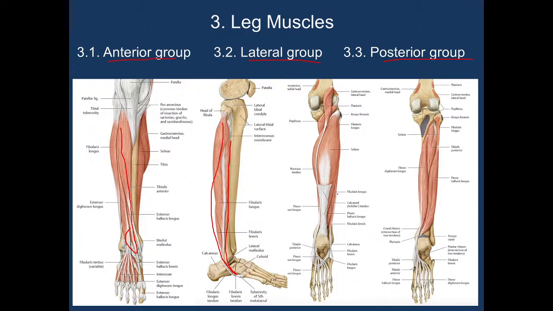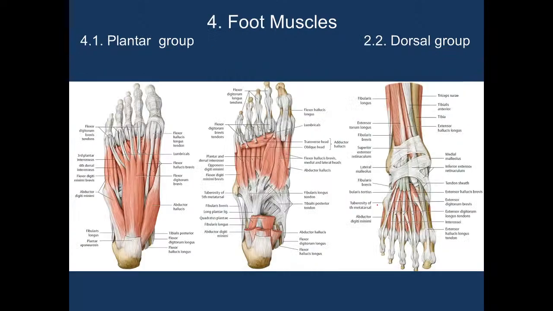This group has two layers: superficial layers, we call it triceps surae muscles, and deep muscles located just on the posterior surface of the tibia and fibula.